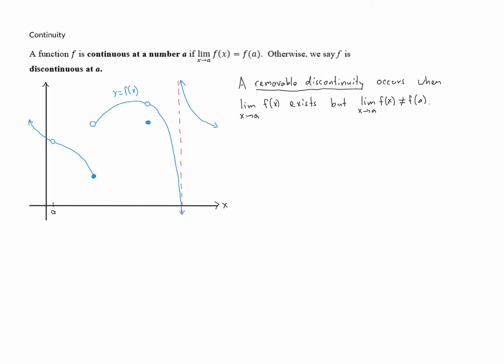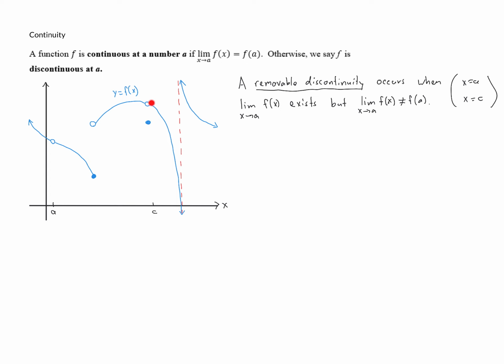So in this particular graph, this occurs at x equals a, and then also at this point here, I'm going to call this c for reasons that will be clear in a moment. Just want to make everything alphabetical. But this also occurs at x equals c in this graph.